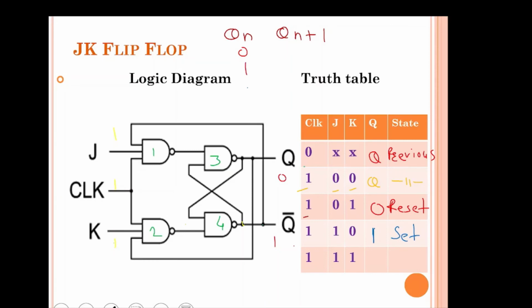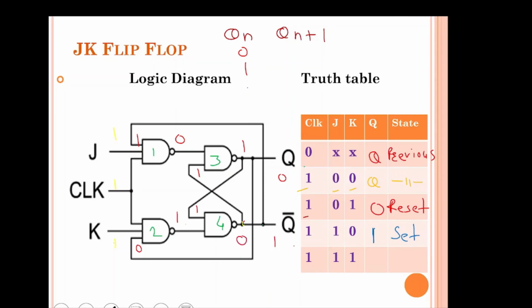Now this 0 goes here and this 1 goes here. Output of first NAND gate will be 0 and output of second NAND gate will be 1. Then after that this 1 will go here from here because this is connected to third NAND gate. This is 1. 0 and 1 will become 1. Then this is 1. Now 1 and 1 will become 0.